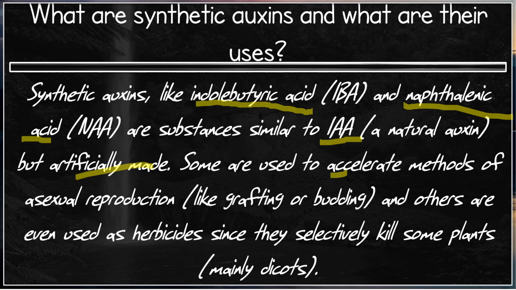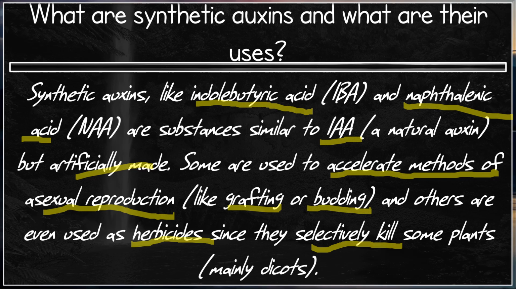Some are used to accelerate methods of asexual reproduction, like grafting or budding. Others are used as herbicides, since they selectively kill some plants, mainly dicots.